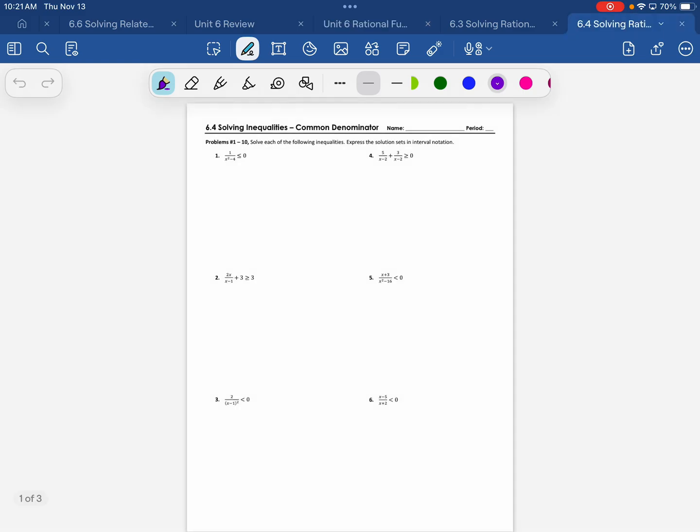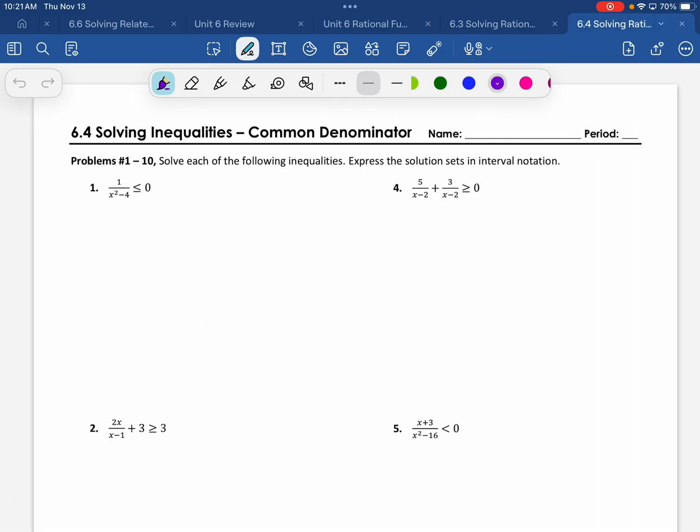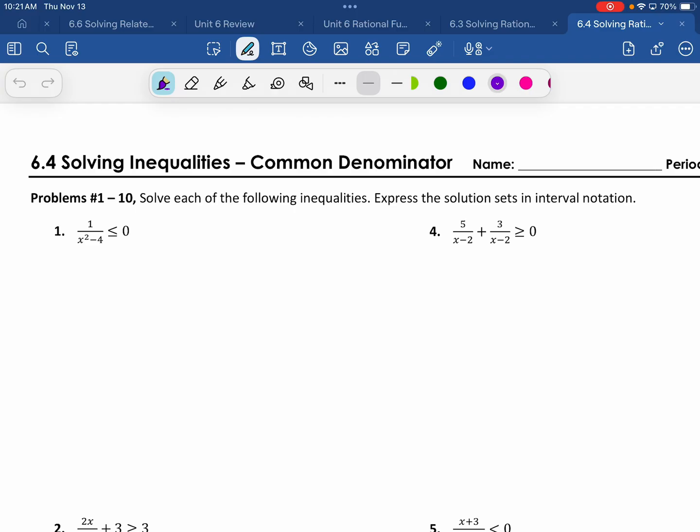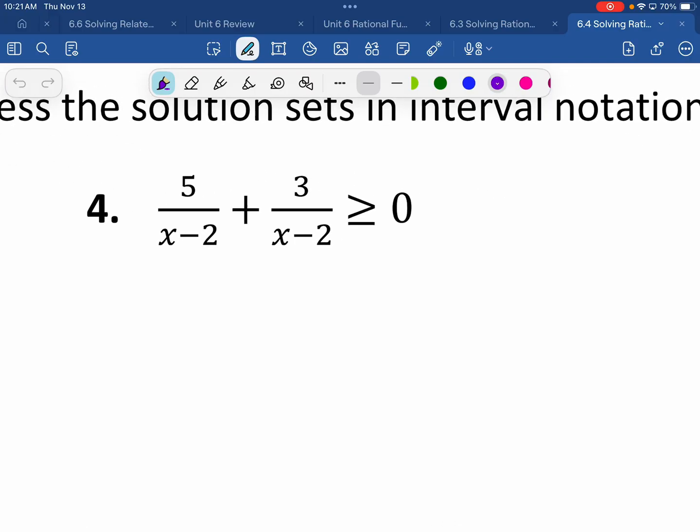All right, so look at the homework. Remember, your first step is you do have to get everything to one side first and make your fraction equal 0. On number 4, it's 2 separate fractions, which we haven't really talked about, but what do you notice about these fractions?